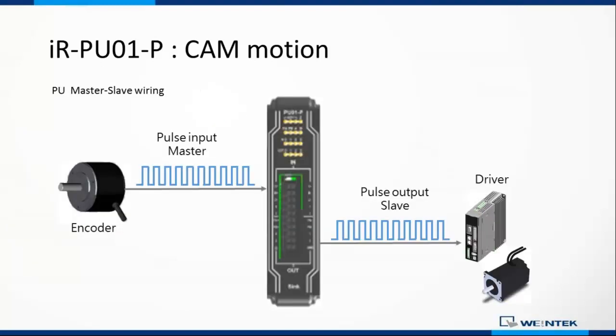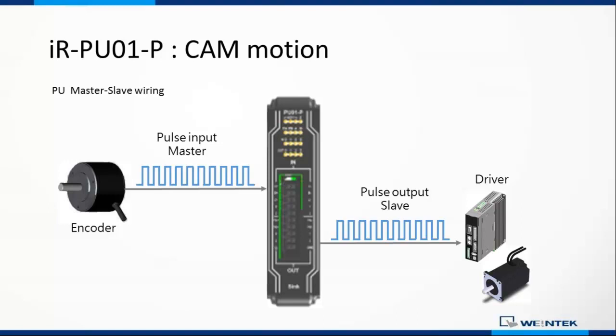And on the PU module, we can separate path input and path output into two axes. Path input is the master and path output is the slave. Output will follow input, moving to the corresponding position according to the CAN table.